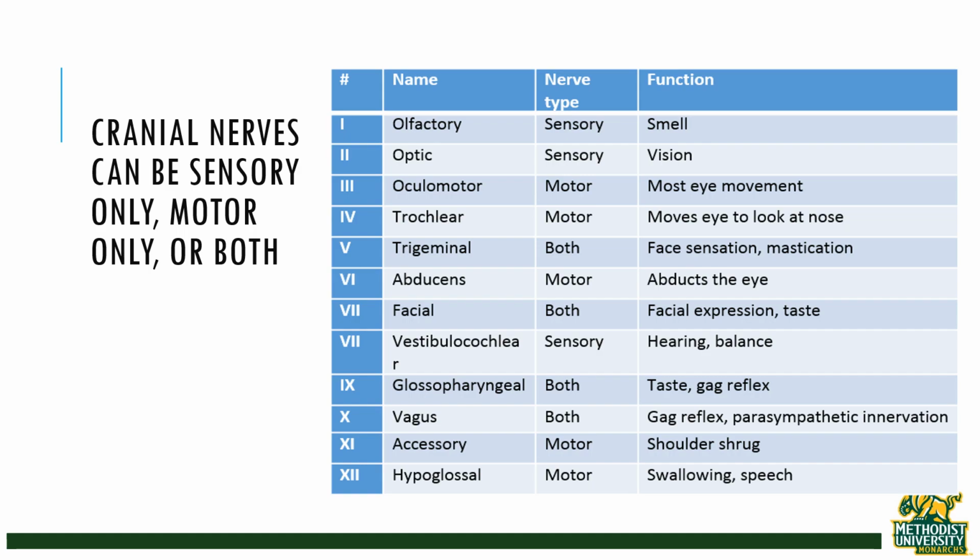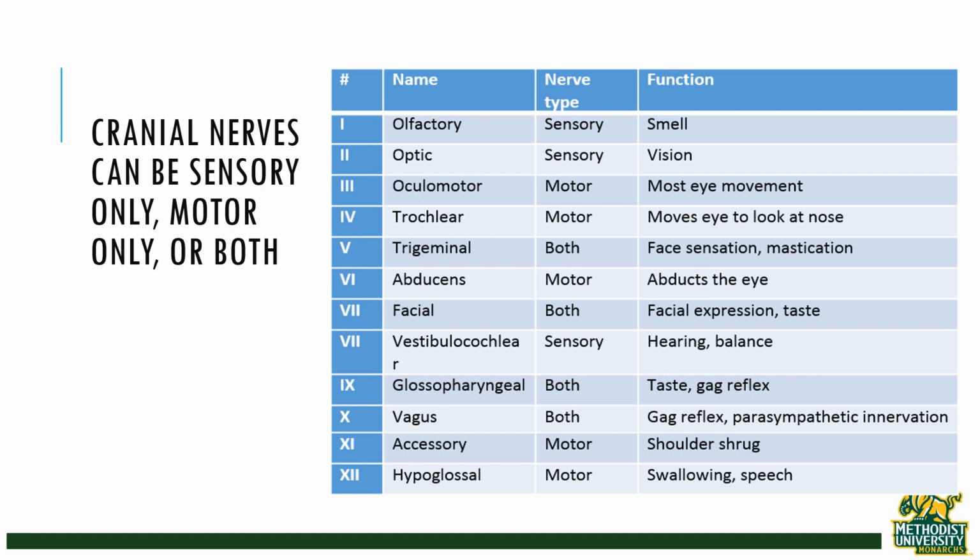Remembering that those cranial nerve nuclei may have only sensory function, only motor function, or both. And in this chart, we talk about the specific functions and neuron types of all 12 cranial nerves. So the olfactory nerve is solely sensory. It has no motor function.